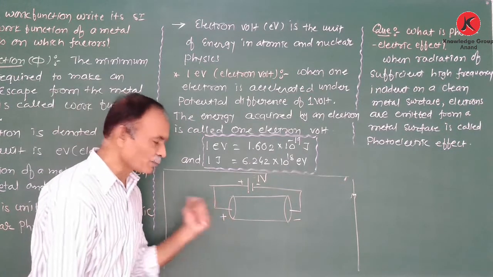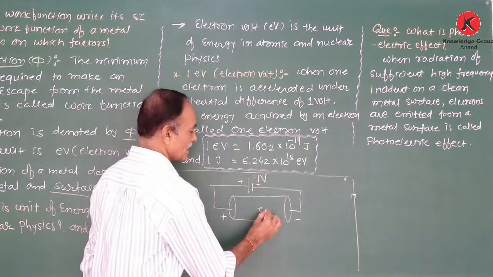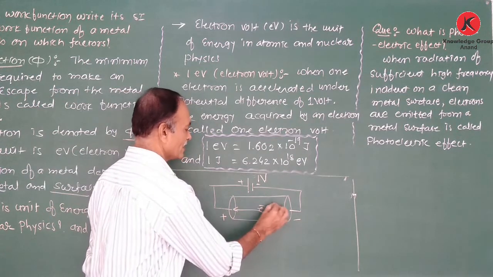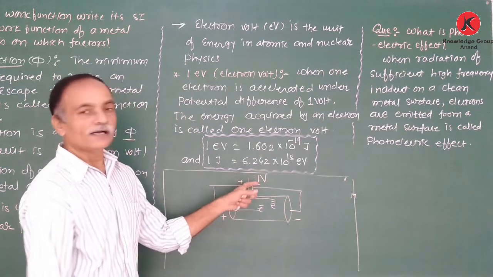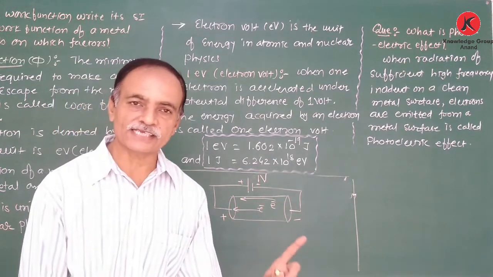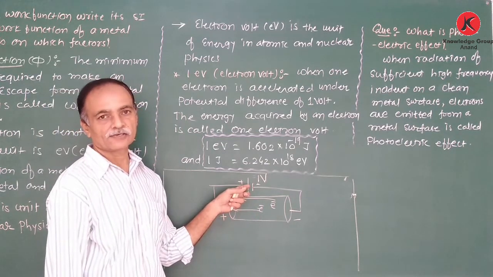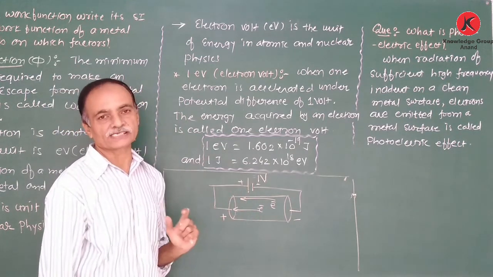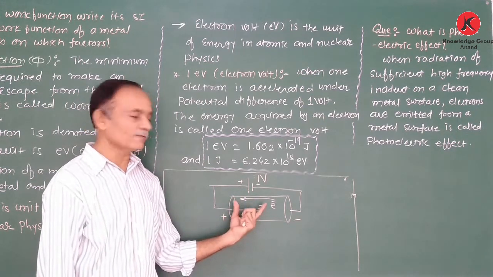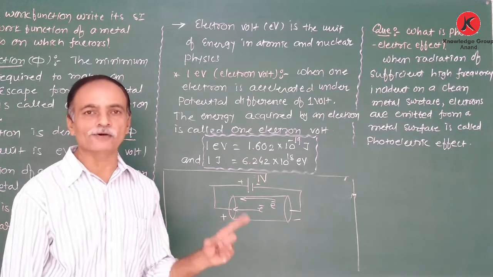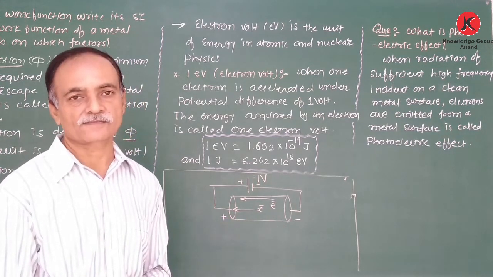Due to the positive end of the battery, electrons are attracted by this terminal. Due to the external electric force acting on the electron by the external applied voltage, the velocity of the electron increases, therefore the motion of the electron is accelerated motion.